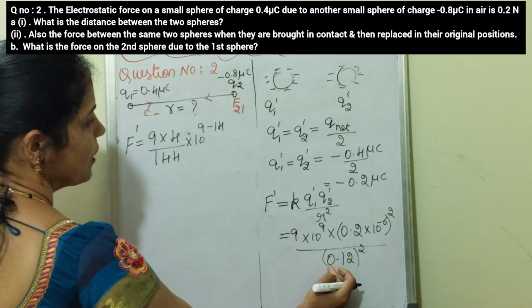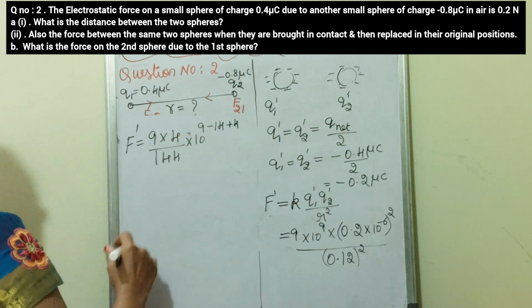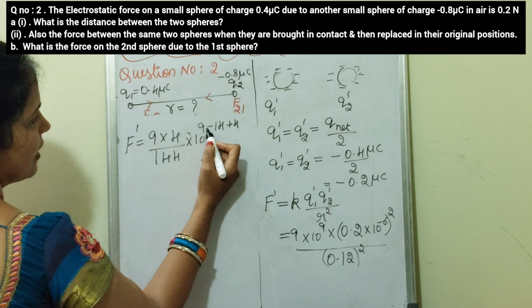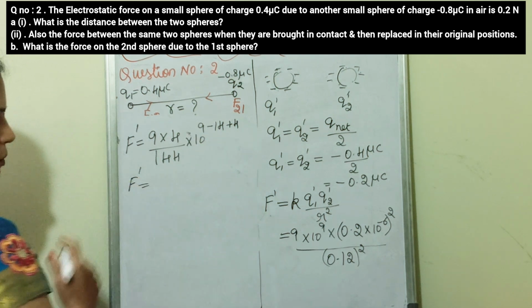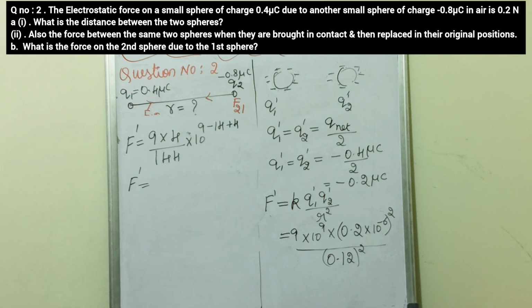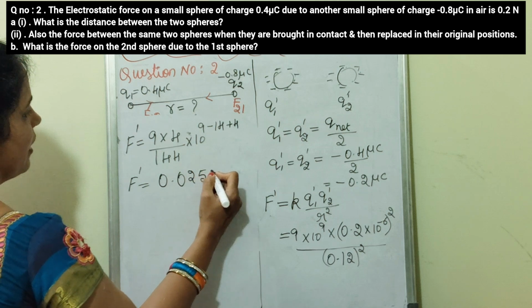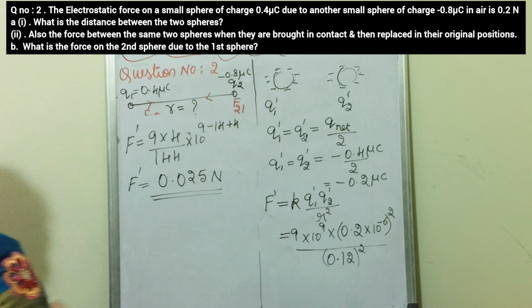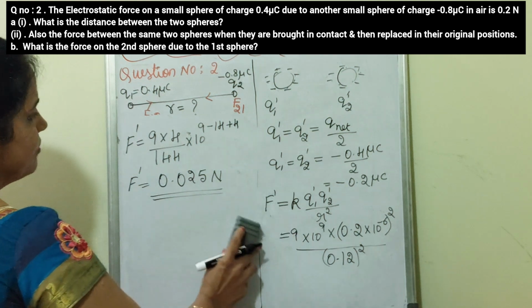And here 12 into 10 to the power minus 2 square is minus 4, which becomes plus 4. 9 plus 4 is 13, minus 14 is minus 1. So after calculating, we come to know that F dash is 0.025 Newton. Okay. Let us go to the next question in that B, second one.